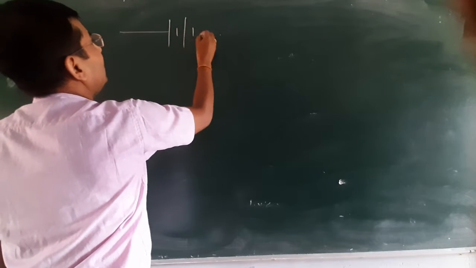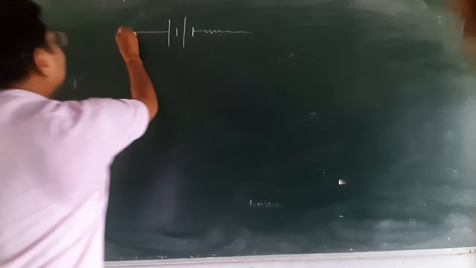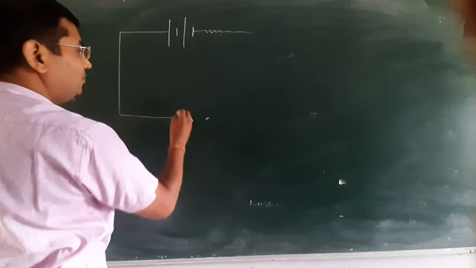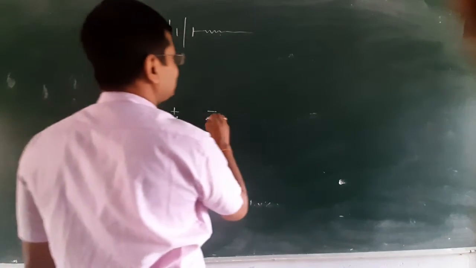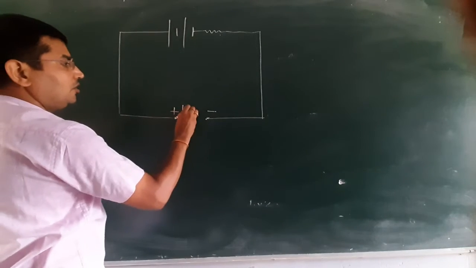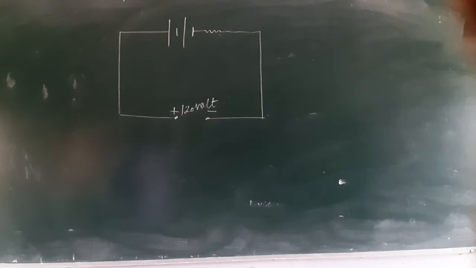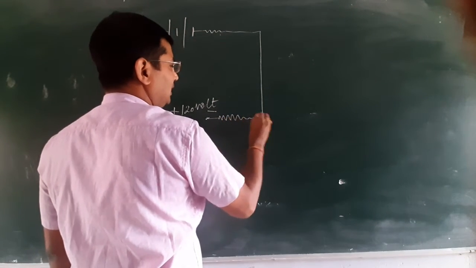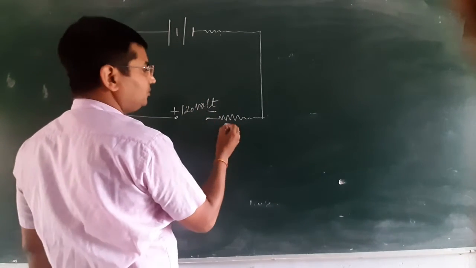This is a storage battery and this is being charged with the help of an external supply. Plus is connected with plus and minus is connected with minus. This is of 120 volt and there is a series resistance in order to limit the value of charging current.